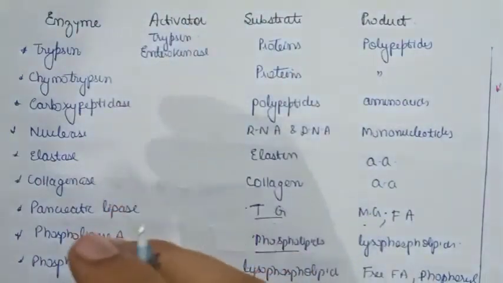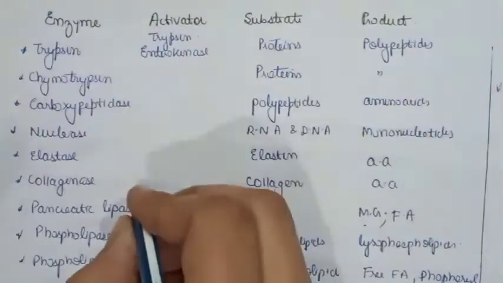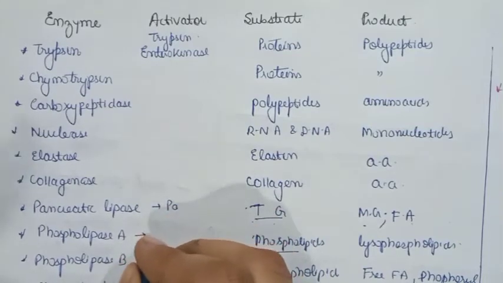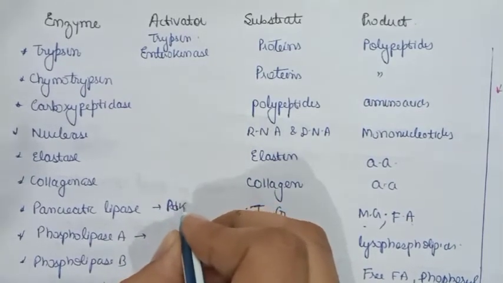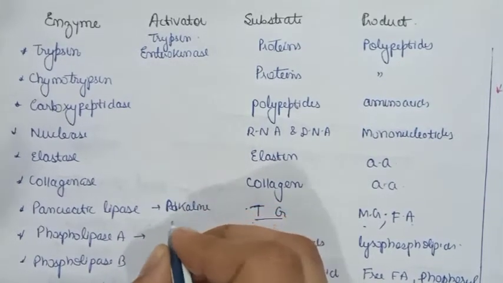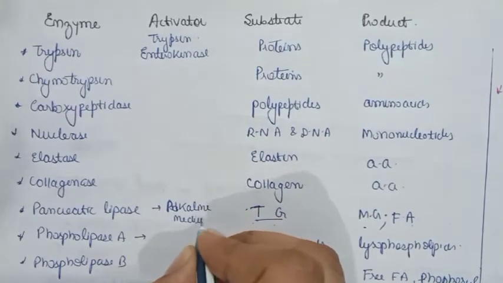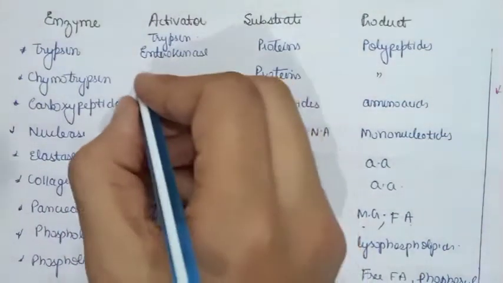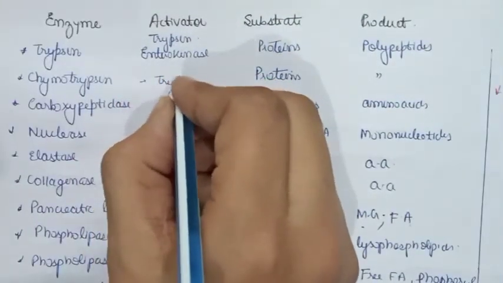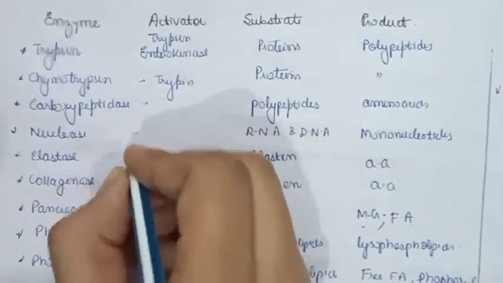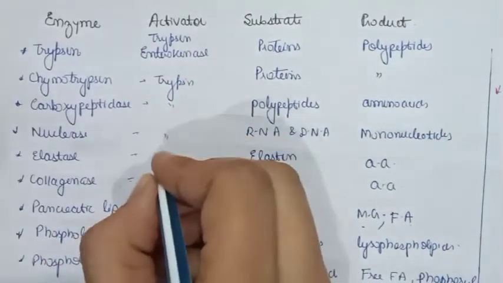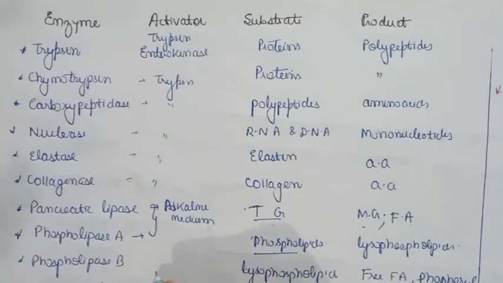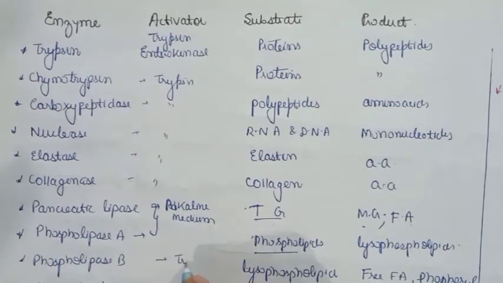Rest of the enzymes except two, which are pancreatic lipase and phospholipase A, are activated by the trypsin.